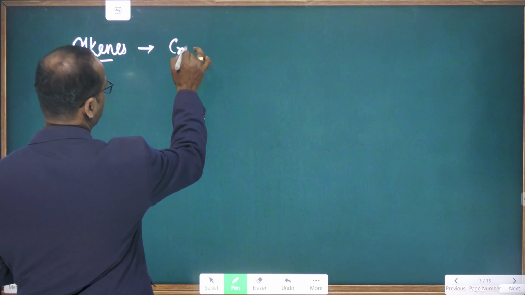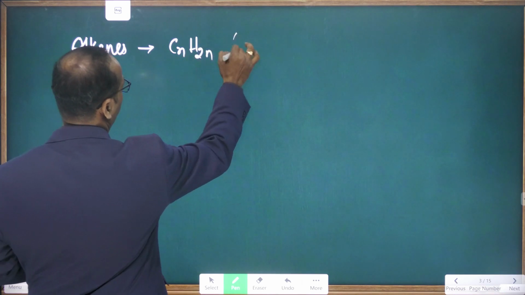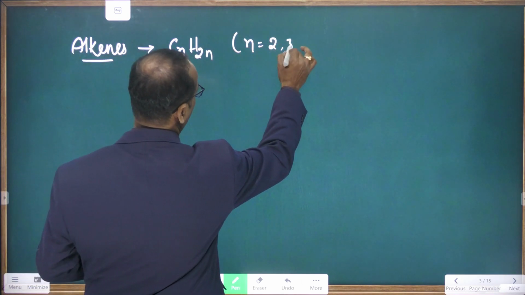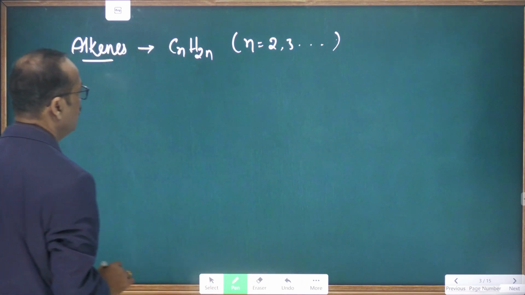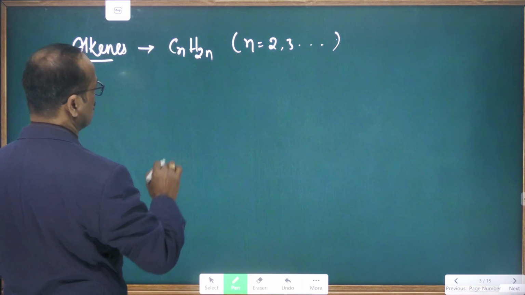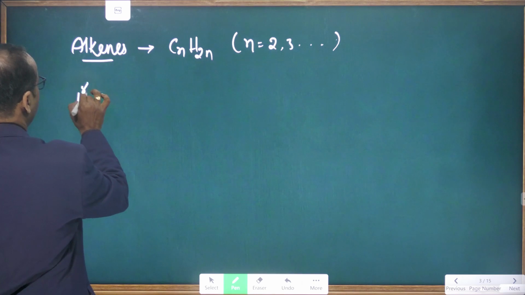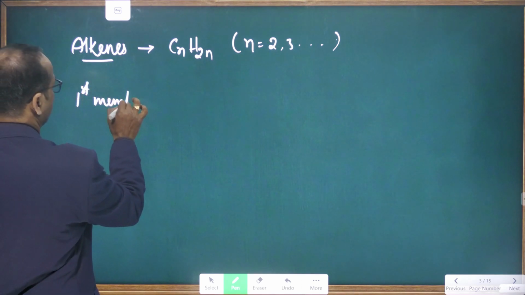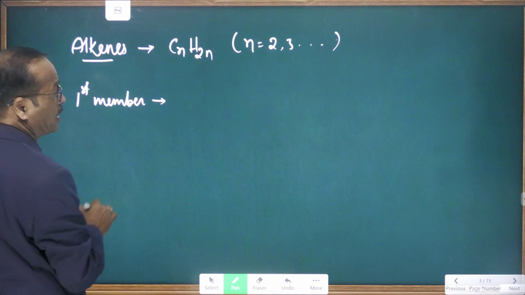Alkene general formula is what? CnH2n, where n is equal to 2, 3, 4 and so on. Right? Now, what is the first member of the alkene?